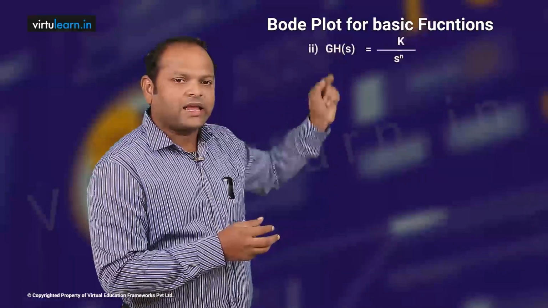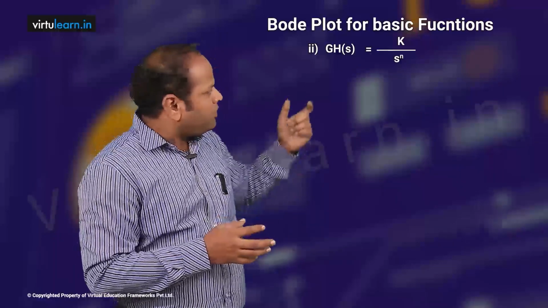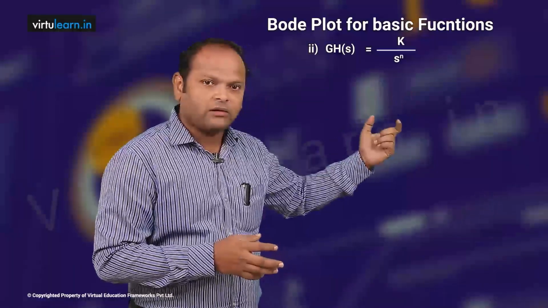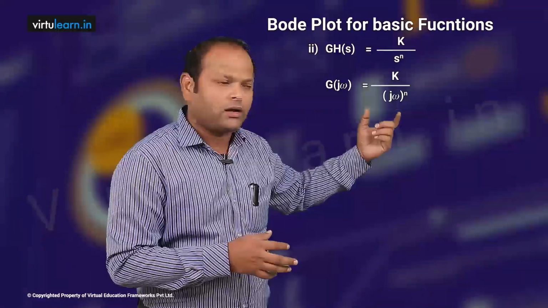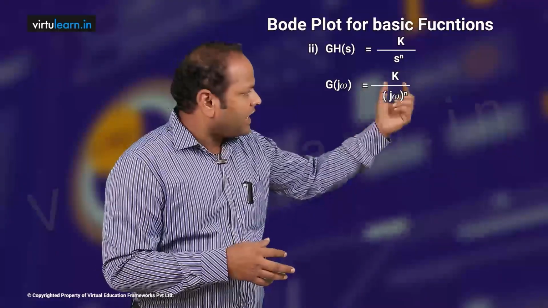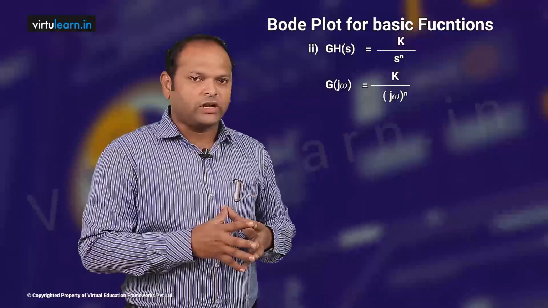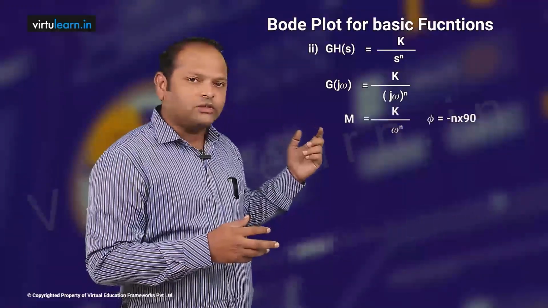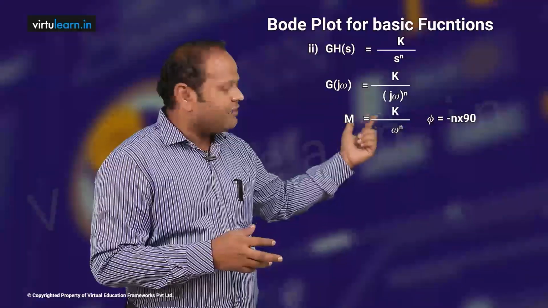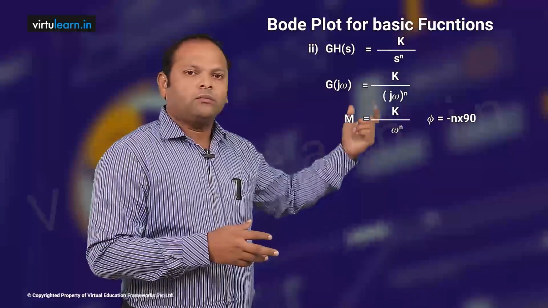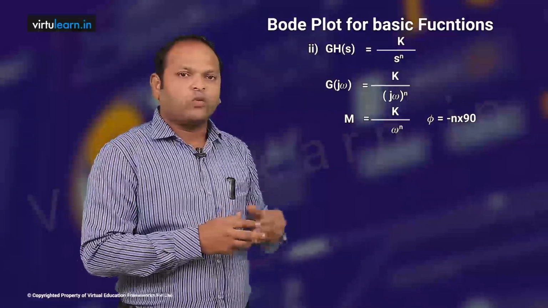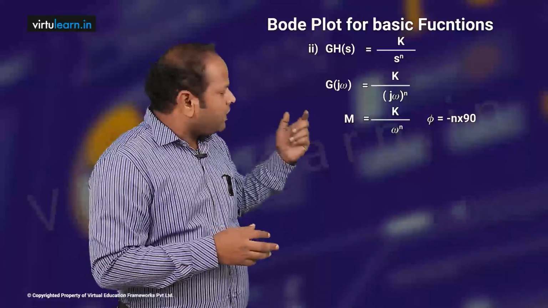Now the second case, K by s power n. Simple: take G(s) equal to K by s power n, and substitute s equal to j omega. G(j omega) is K divided by (j omega) power n. I want the magnitude expression. M is equal to the magnitude, which is K divided by omega power n. Then what is the M dB value?